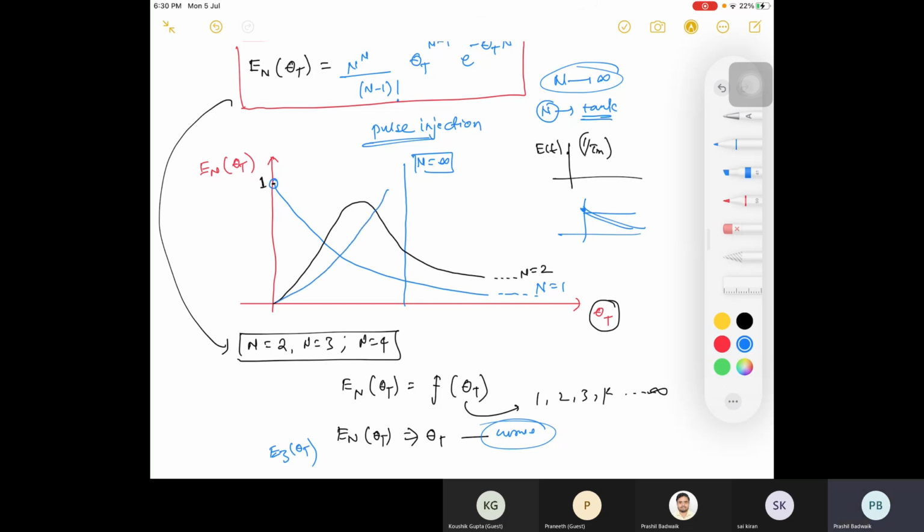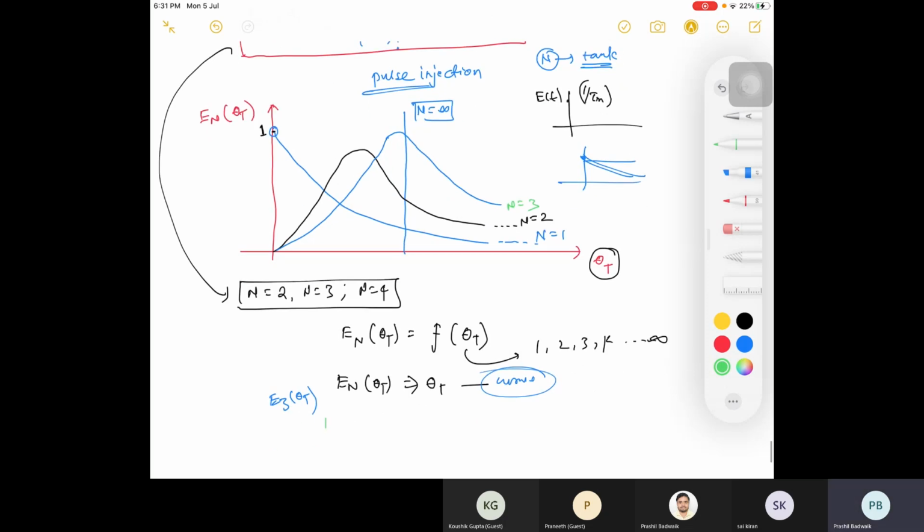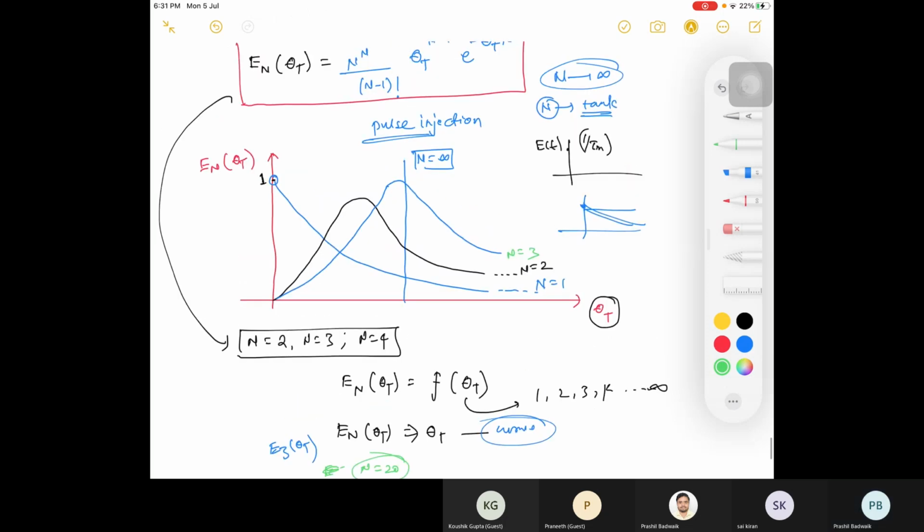This will shift to a higher value and it will shift upward. Then suppose you substitute n equal to 20, you will get this curve. Green I am drawing.